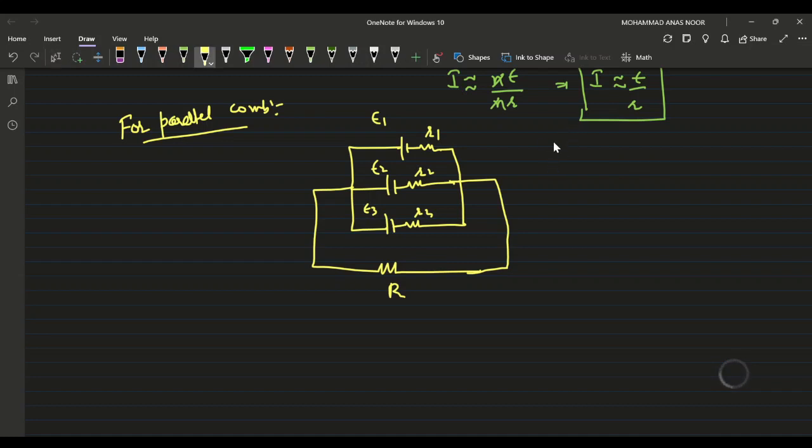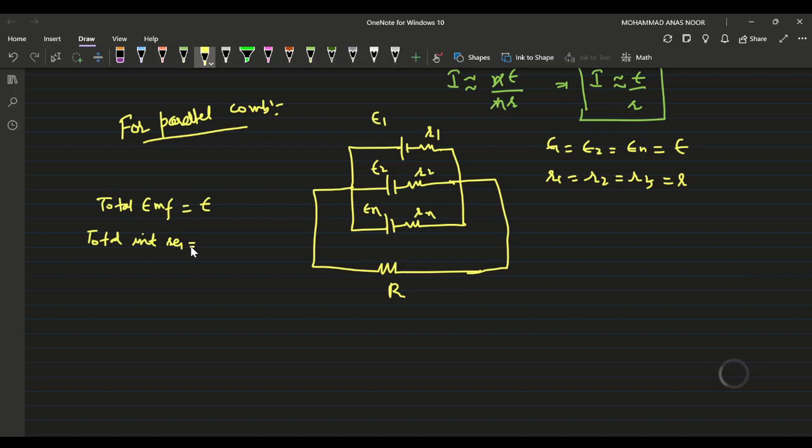So if E1 is equal to E2 is equal to En is equal to E, R1 is equal to R2 is equal to R3 is equal to R, then the total EMF would be E only because they are in parallel, and the total internal resistance would be R by N, okay?